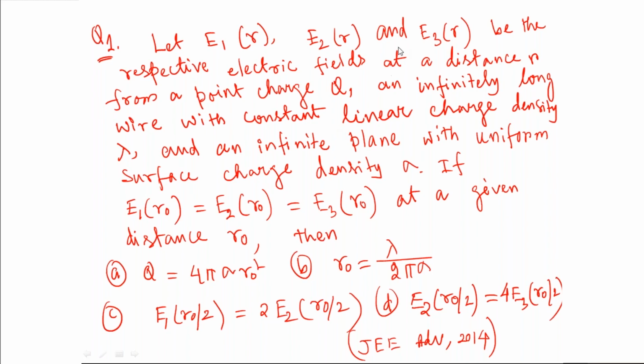Okay, I'll read out the question again. See, there are three electric fields given here: E1(r), E2(r), and E3(r) at a distance R. E1(r) is due to a point charge which is having charge capital Q. E2 is the electric field at a distance R due to an infinitely long line charge.